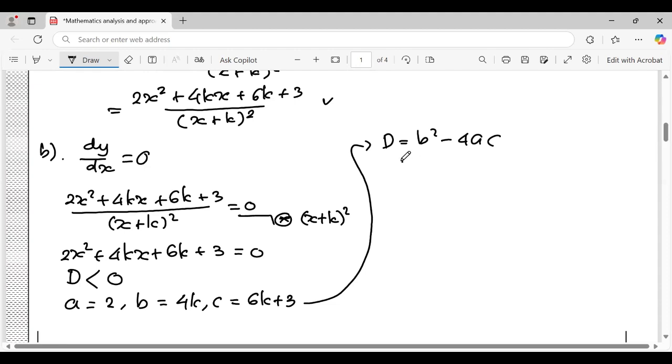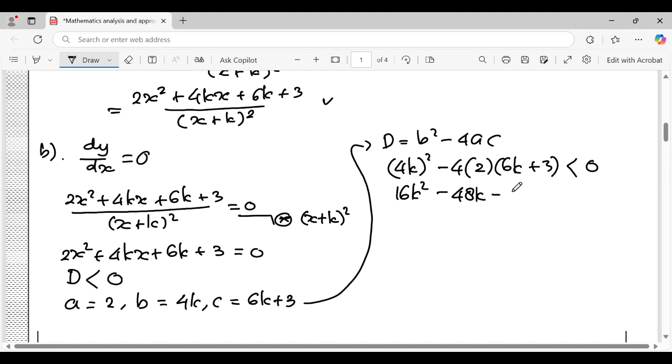So b squared means 4k squared, minus 4 times 2 times 6k plus 3. And according to this information, it should be greater than 0. Or 16k squared minus 8 times this one, 48k, and 8 times 3 is 24.